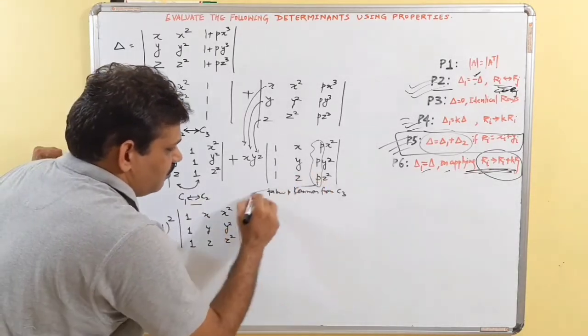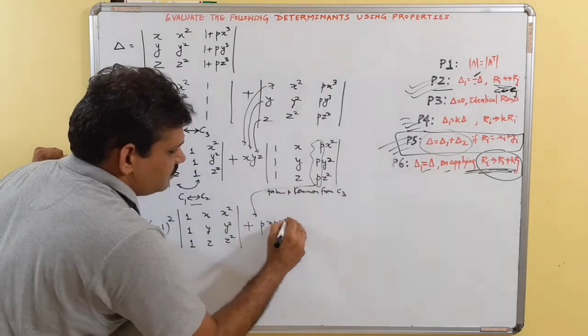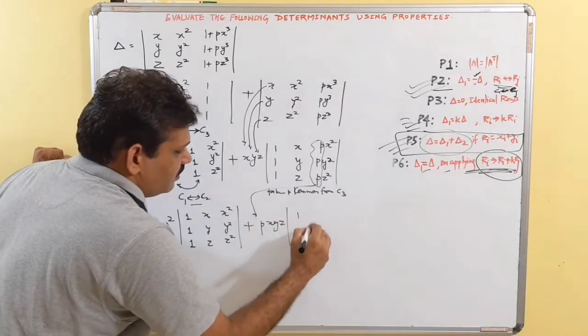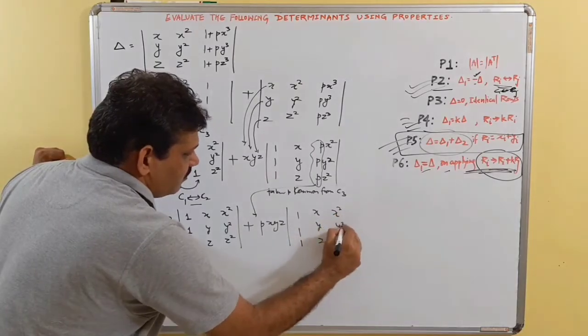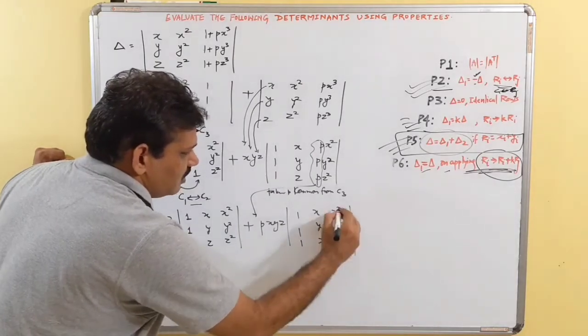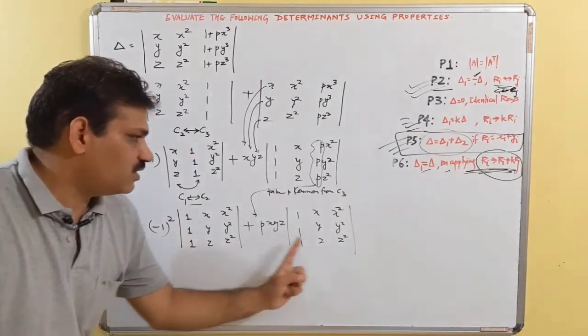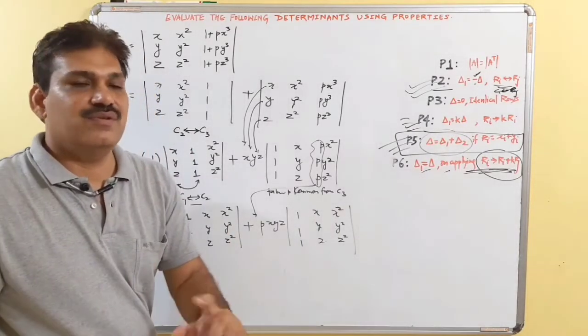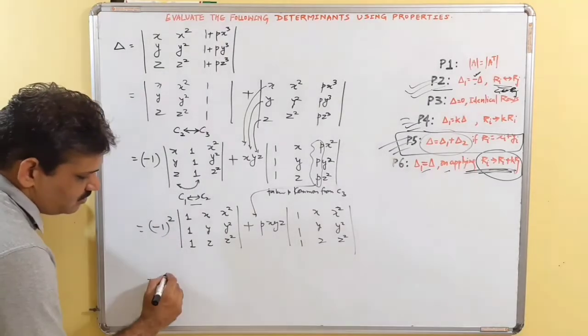When we take p common, x, y, z is already there: p, x, y, z, 1, 1, 1, x, y, z, x square, y square, z square. Here we see that both the determinants are the same, and this minus 1 whole square is 1.